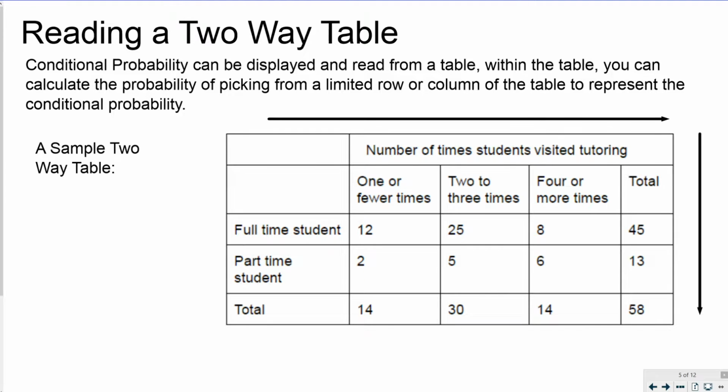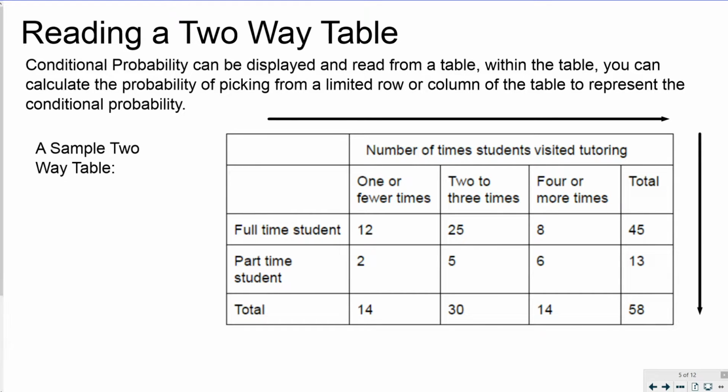The next concept is called reading a two-way table. Conditional probability can be displayed and read from a table. Within the table, you can calculate the probability of picking from a limited row or column of the table to represent the conditional probability. Here's a sample two-way table. We have the number of times a student visited tutoring versus them being a full-time or a part-time student.